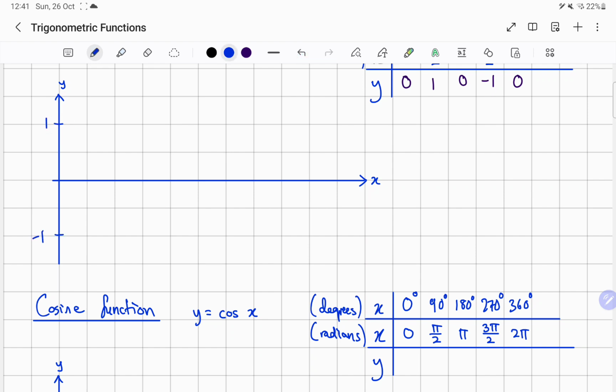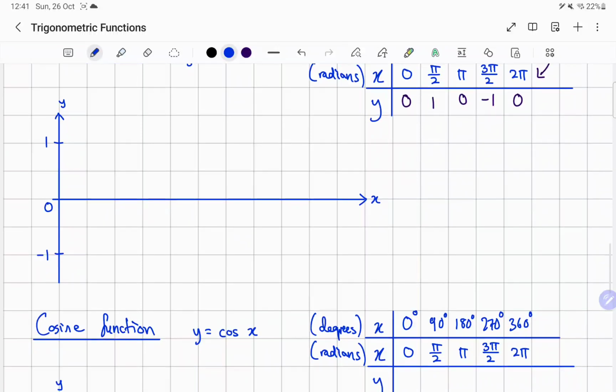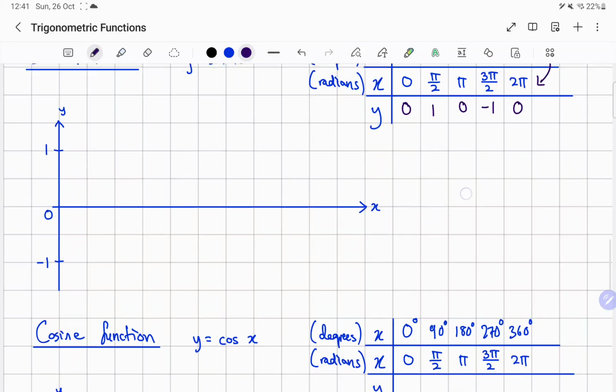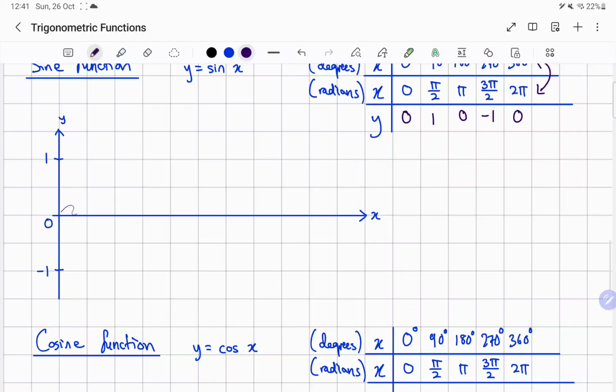Say this is 1, this is -1, this is 0. I have a few points here. First, when x is 0, I know that my sine value is 0.